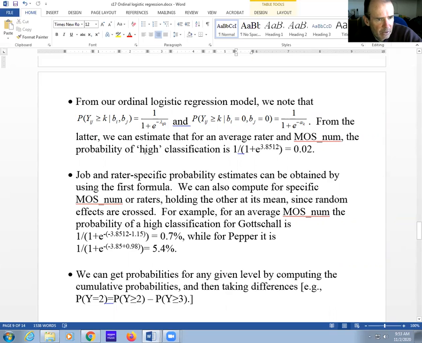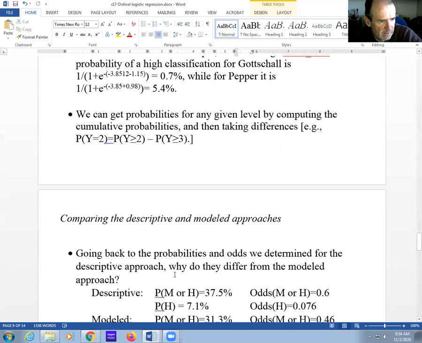The probability of a high classification, 0.02, we can derive analogously to how we derive probabilities out of a regular logistic regression model. And we can also get specific probabilities by taking the difference of cumulative probabilities. So we can get those probabilities that we want out of the model. I'll let you read some of the other details.